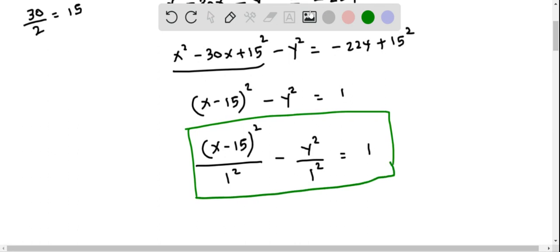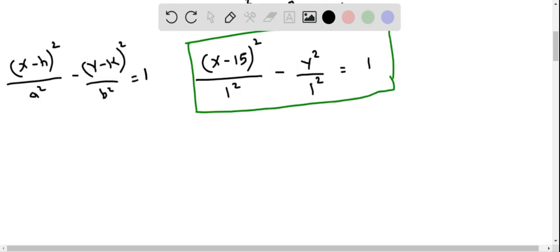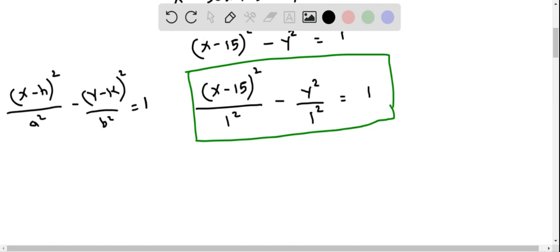We can compare with its standard form, that is x minus h quantity squared divided by a squared minus y minus k quantity squared divided by b squared equals 1. So this type of hyperbola has the transverse axis on the x-axis. I'm sorry, this is a hyperbola, with transverse axis on the x-axis, and having the center at h comma k.